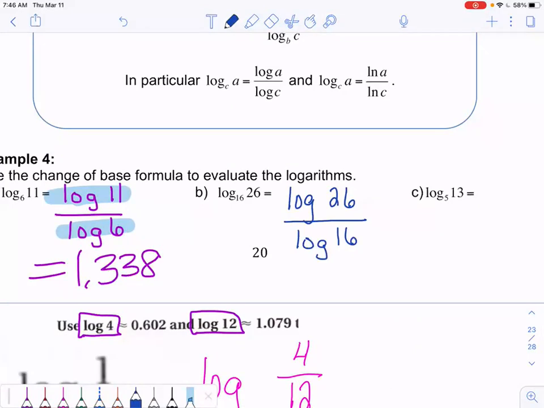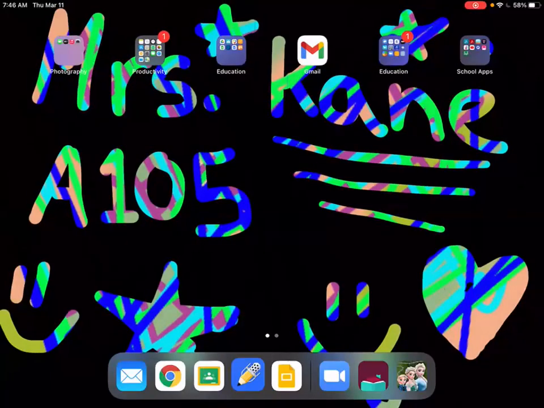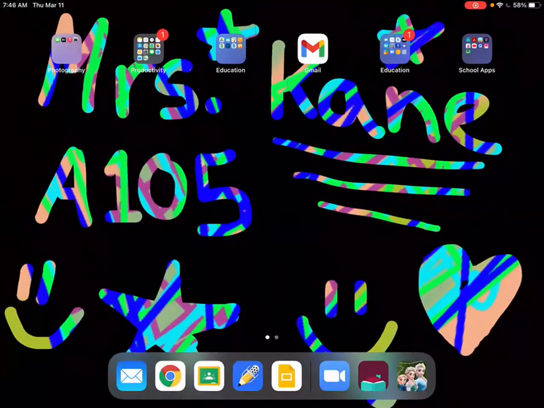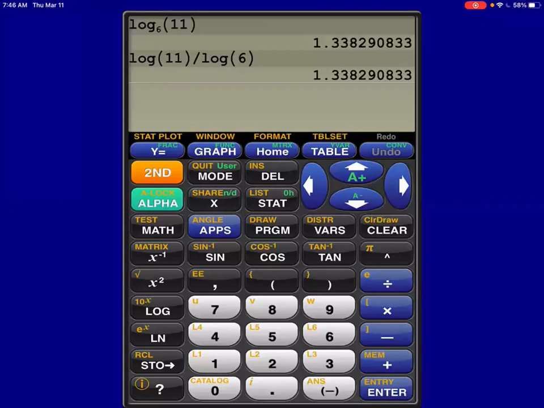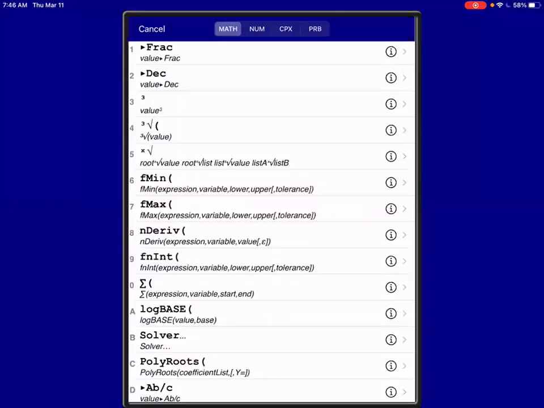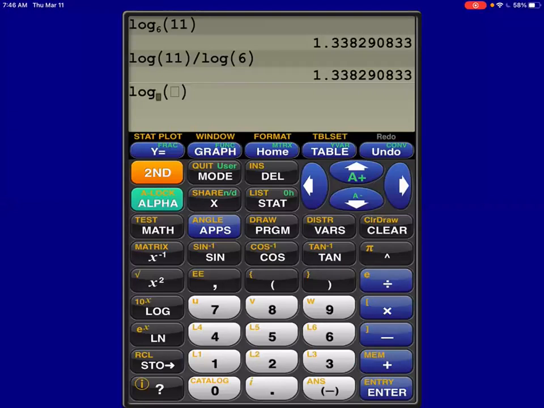The key thing is that you must use grouping symbols around them to get it to work correctly in your calculator. Most of you probably have the little function in your calculator where you can just hit the button and plug in the 16 and the 26.